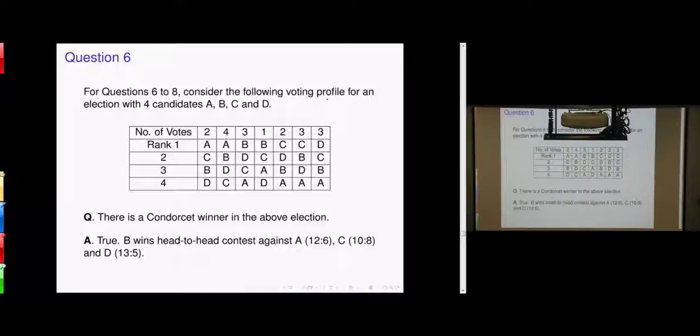Let's see. Can D beat A? Sorry, this is totally wrong. So D, 3, 2, 3, good, 11, right? So D would beat A. B already beats C. So let's see D and B. 3, 4.